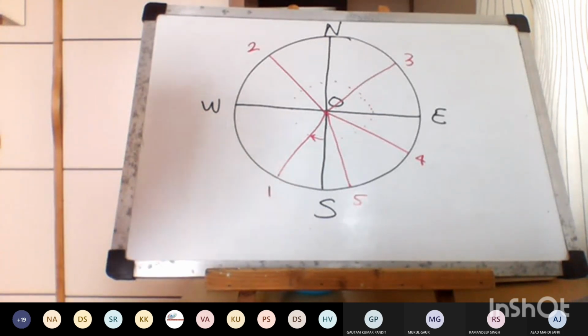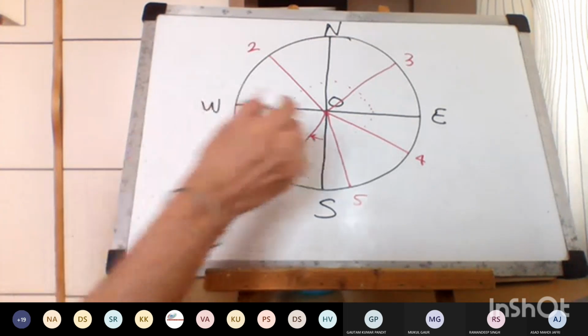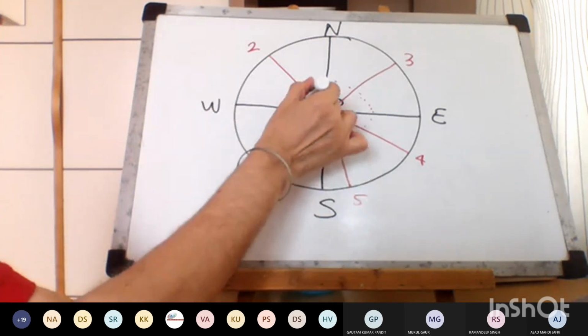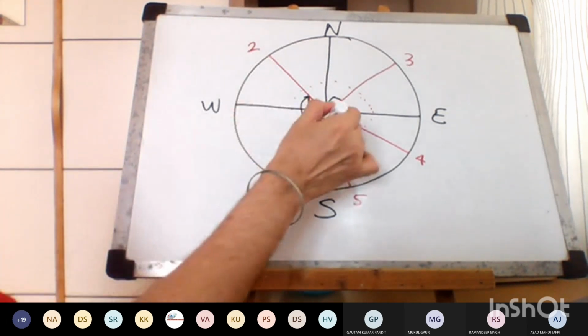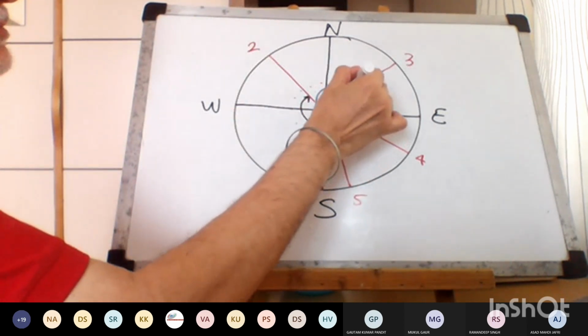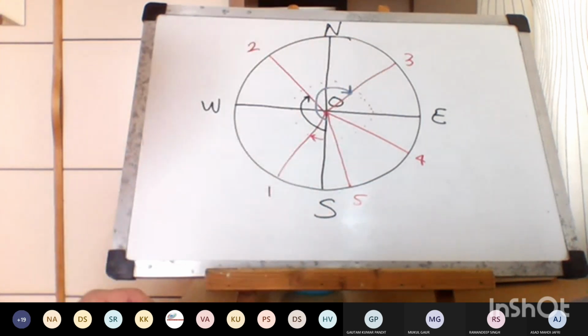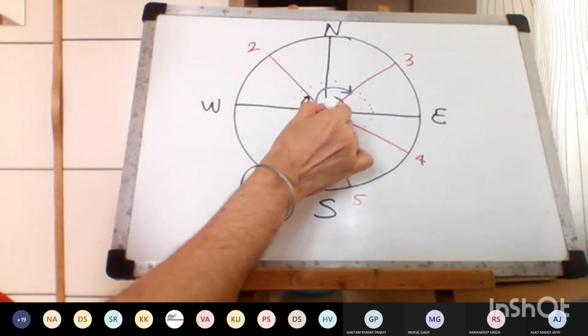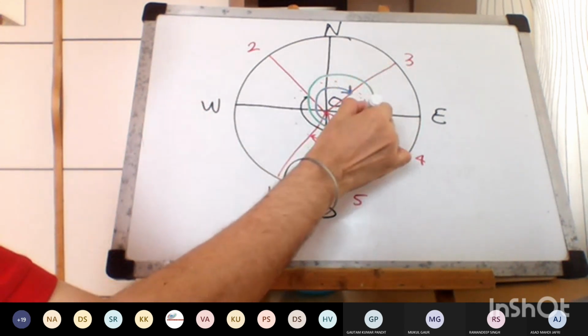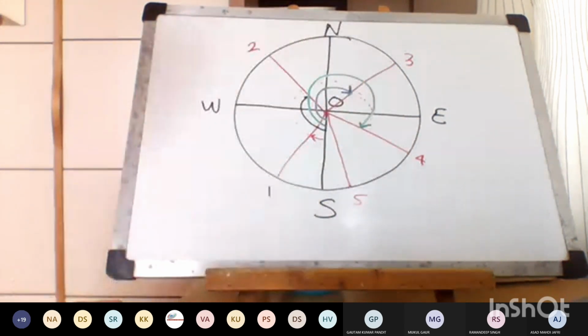local hour angle. For position number 2, this is the local hour angle. For position number 3, this is the local hour angle. And for position number 4, this is the LHA.